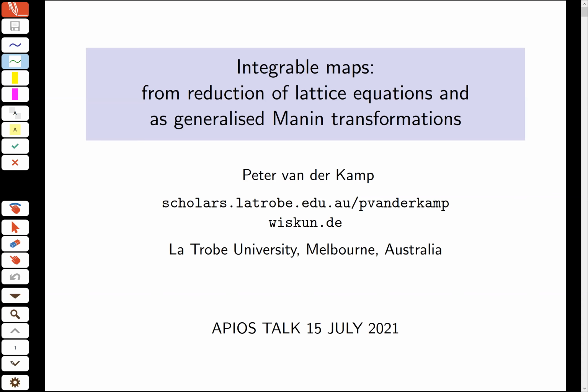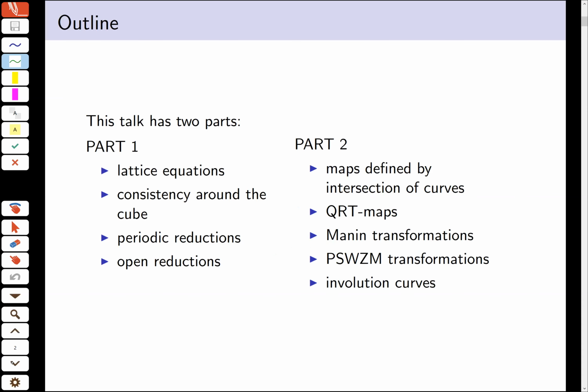This talk has two parts. I will give a bit of context about lattice equations and their properties, where they come from, and then how you can reduce them to a mapping.